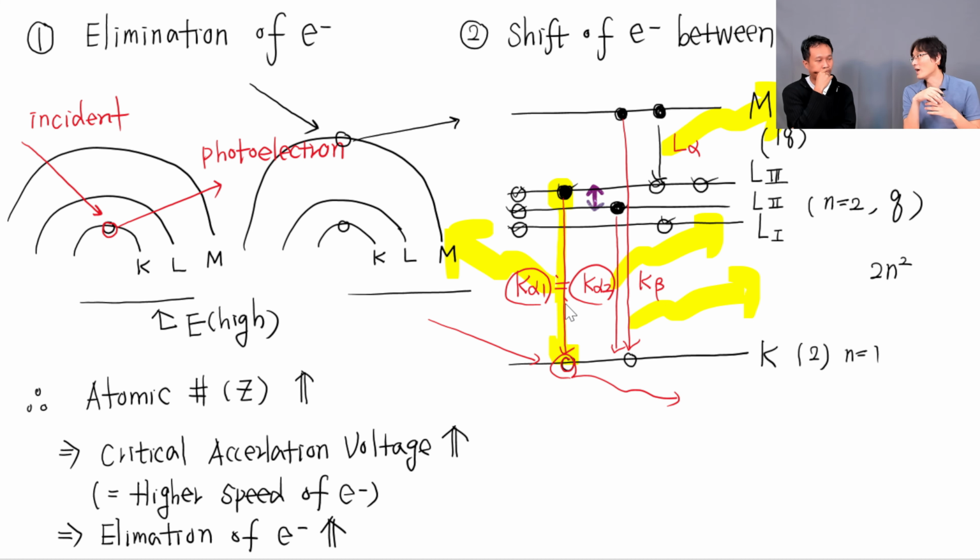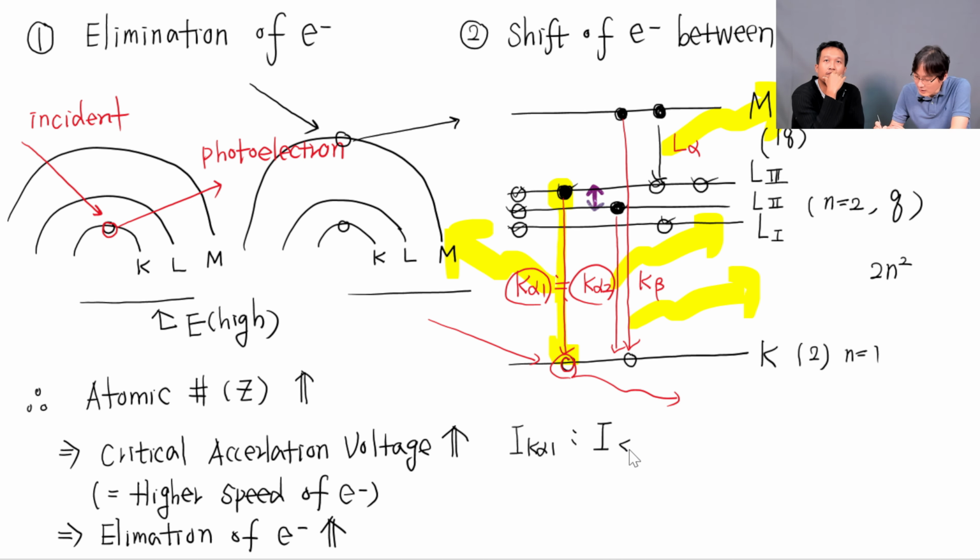But still, I want to give you another implication about K alpha 1 and K alpha 2 for determining the real value of K alpha. Even if the wavelengths of K alpha 1 and K alpha 2 are identical, the intensity is different. I mean the intensity of K alpha 1 versus the intensity of K alpha 2, and then I can write down the intensity of K beta.